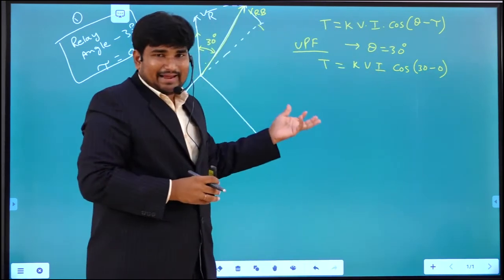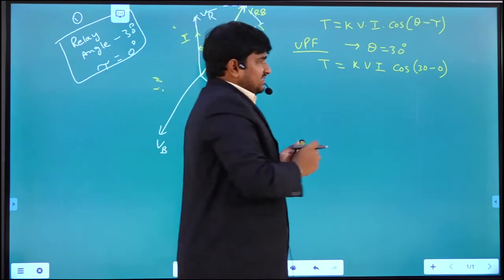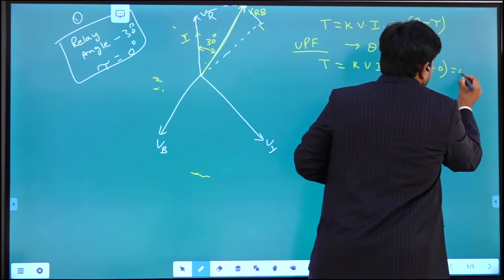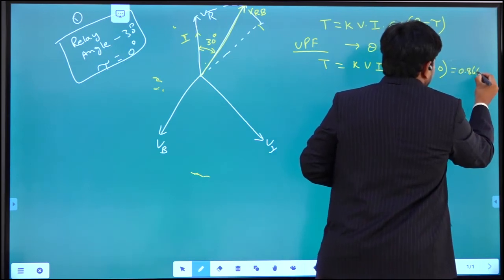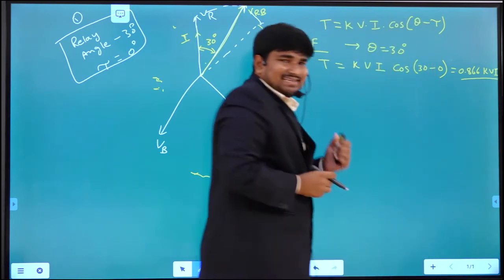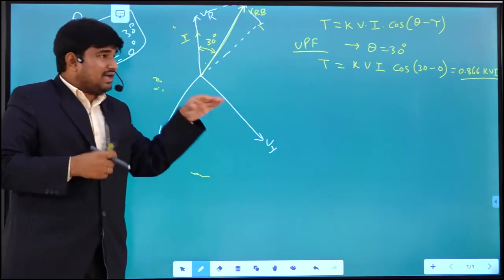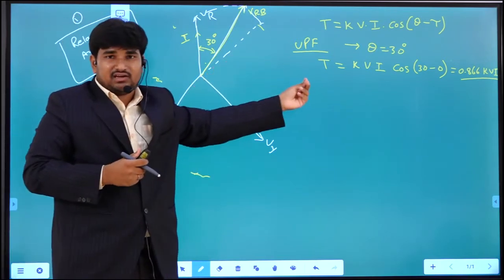What is cos 30? Root 3 by 2, right? That means it is 0.866 K into VI.